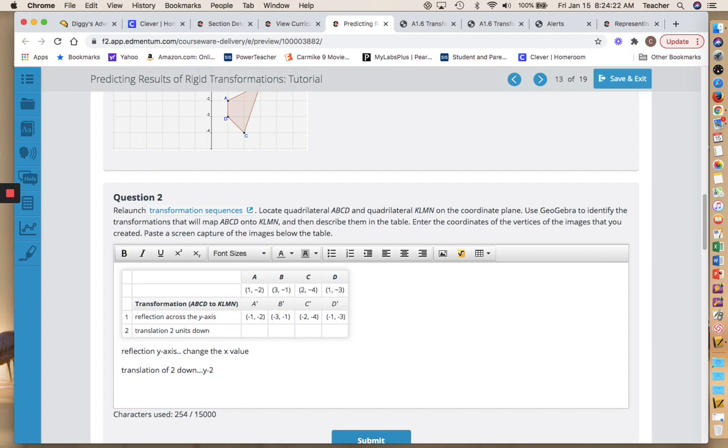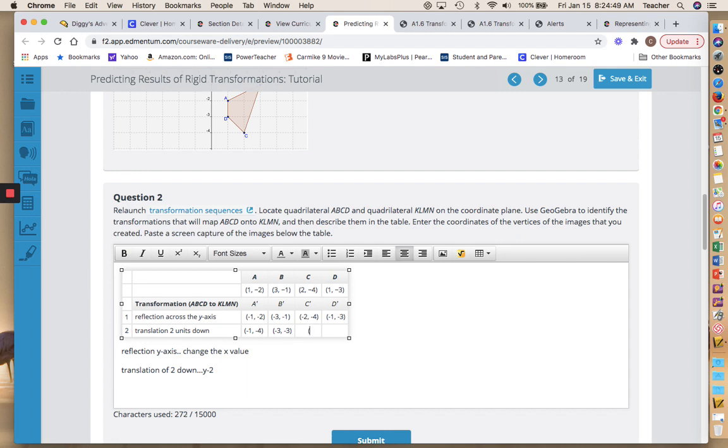So x is going to stay the same from the new figure, and then our final image, you're going to subtract 2 to all the y values. So x is going to stay the same, but negative 2 minus 2 is a negative 4. Negative 3 is going to stay the same, but negative 1 minus 2 is a negative 3.